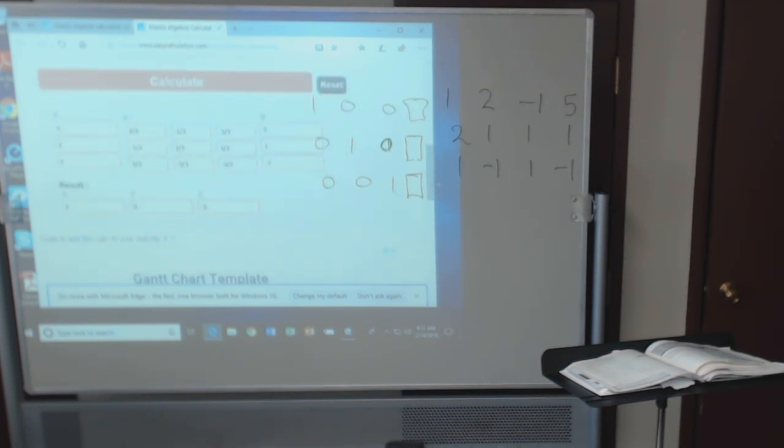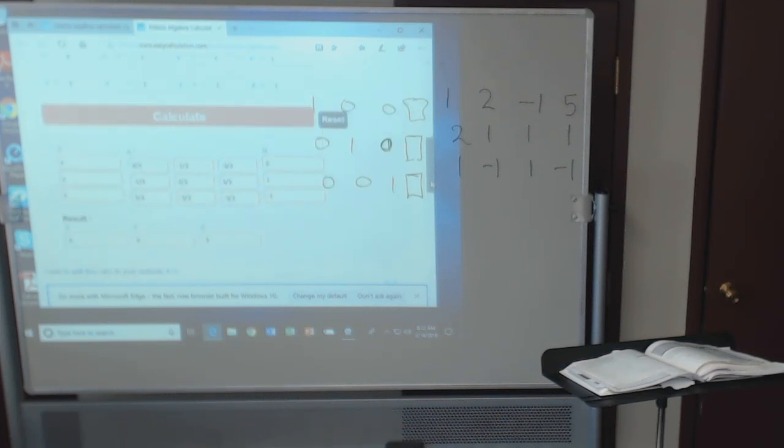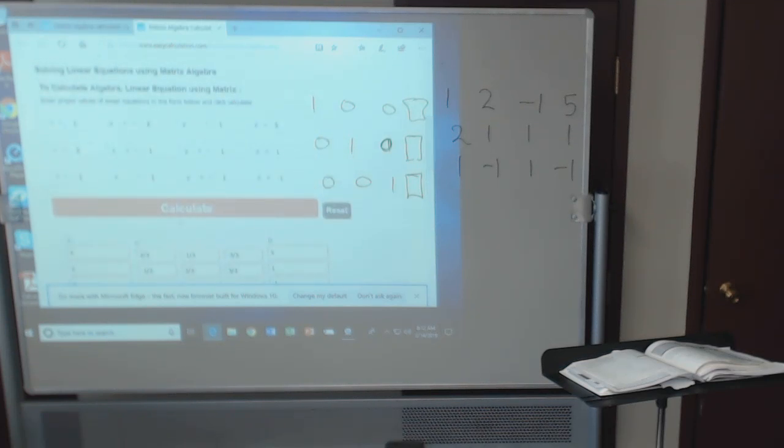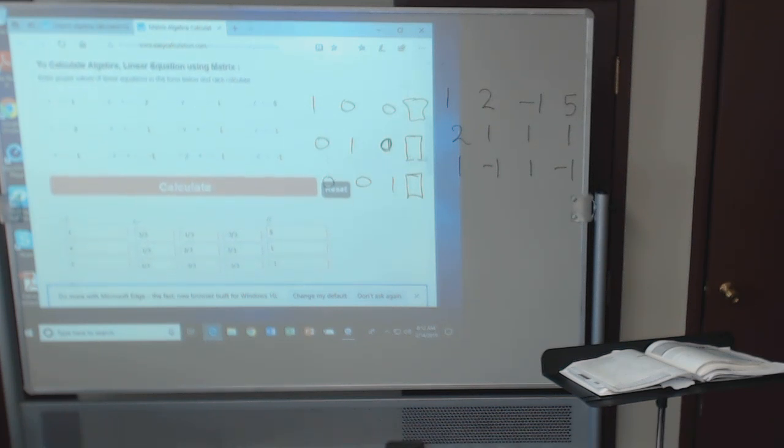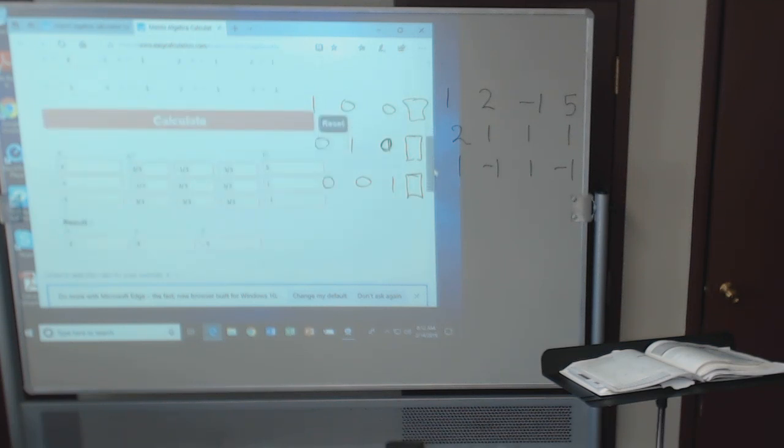Oh, down at the bottom. There it is. See that? Results? 2, 0, negative 3. Let's go back up here and change this back to positive and see if we get the same answer by me putting a negative 1 in here. Calculate. Did we get the same answer? 2, 0.